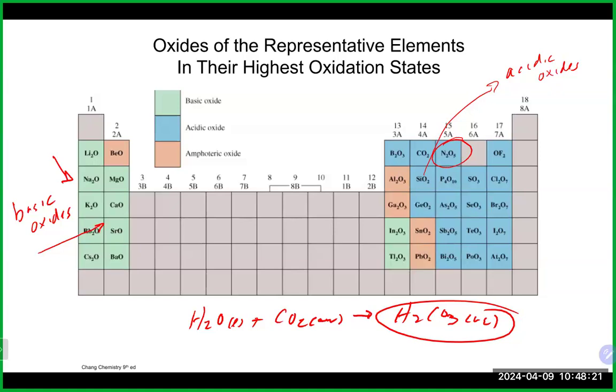And then we have some that are amphoteric, and much like what we talked about, amphoteric ones could go either way. They could form either an acid or a base when they react with water. But again, to the left is where we find our basic oxides, and the upper right, the non-metal region, is where we find our acidic oxides.